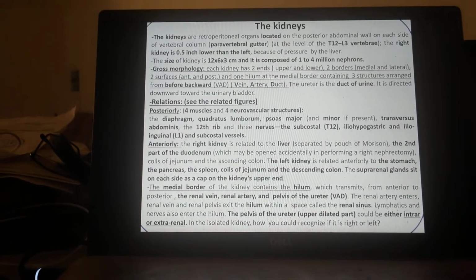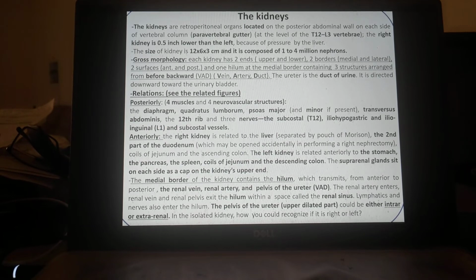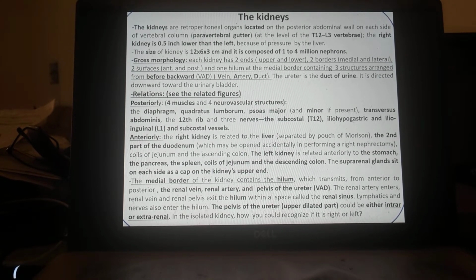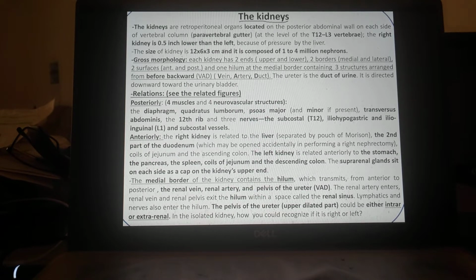Here is some information related to the kidneys. The kidney is located in the lumbar region of the abdominal cavity, and it's retroperitoneal. It's found in the paravertebral gutter on each side of the vertebral column.